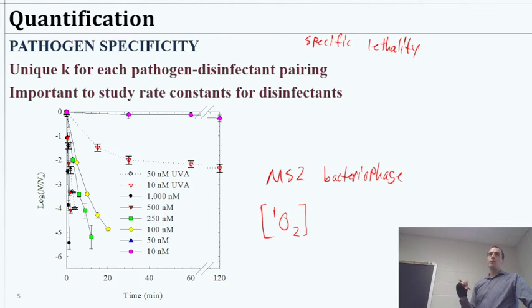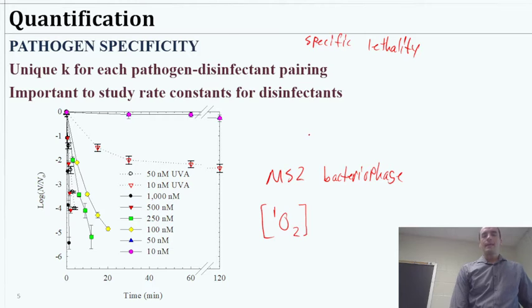We could look at the same type of plot against E. coli, let's say, an organism that's a little more protected. It's not going to be as vulnerable to the singlet oxygen as these viruses. And so we would have a different K, a different coefficient of specific lethality for that scenario. And in fact, in that work, we did have a noticeably different reaction.